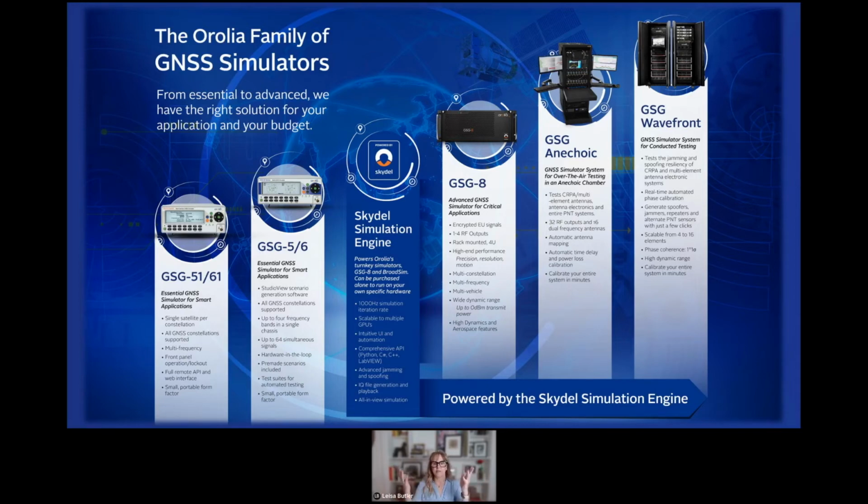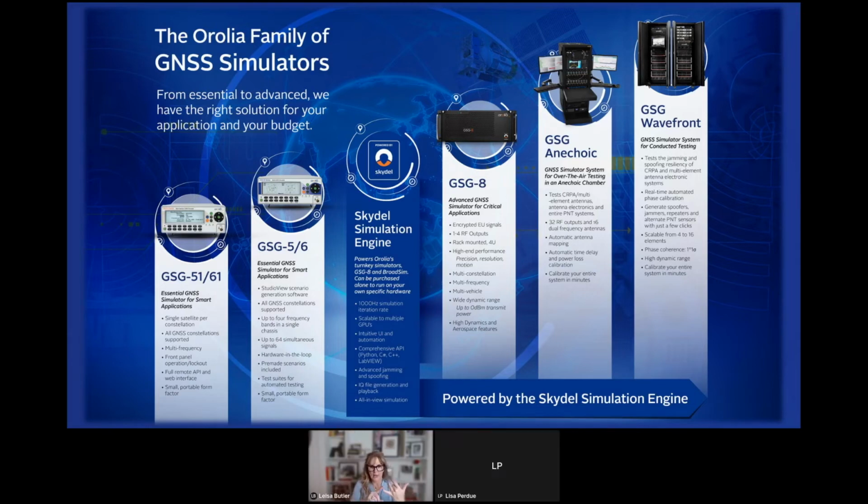If you can see 12 GPS satellites, 12 Beidou satellites, 8 GLONASS satellites, those really start adding up, and then you add L1, L2, L5. You get all that power in Skydel, and you have a very realistic simulation.